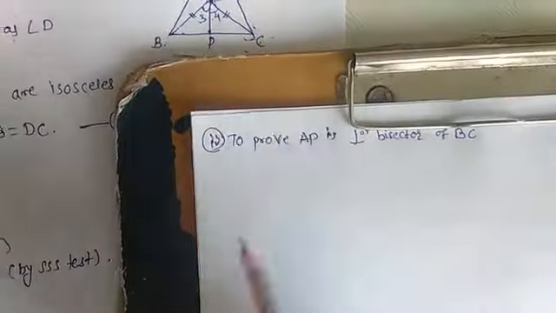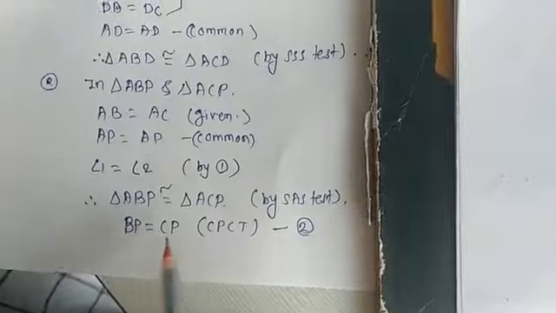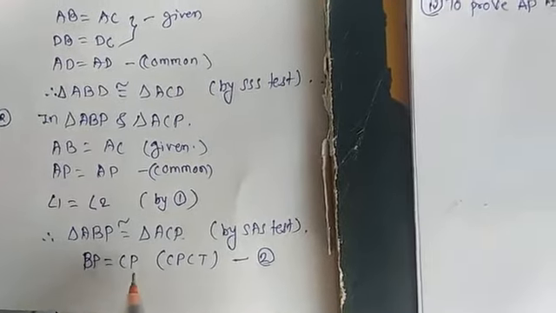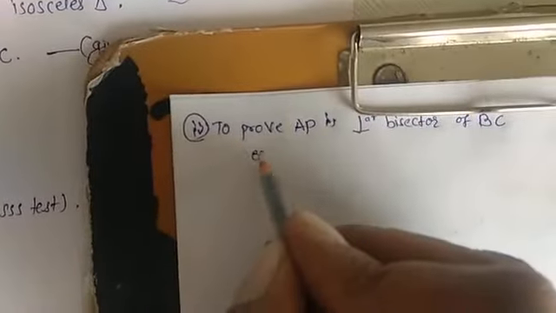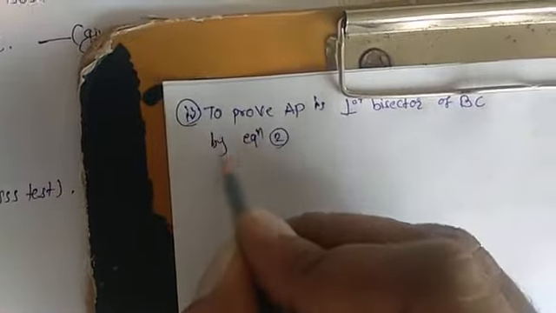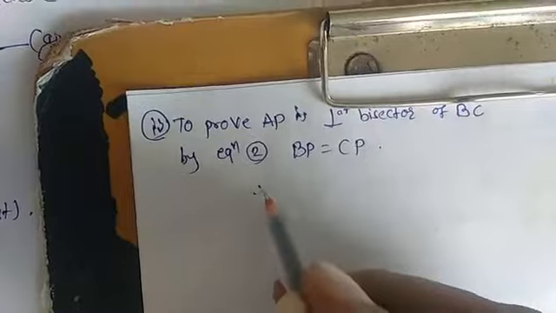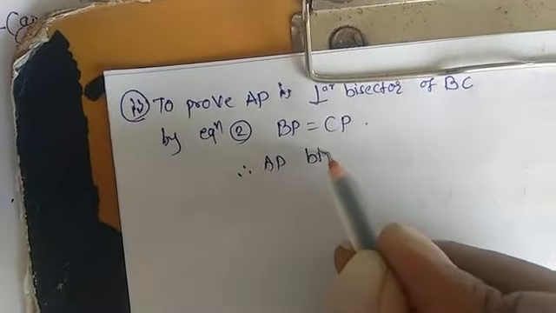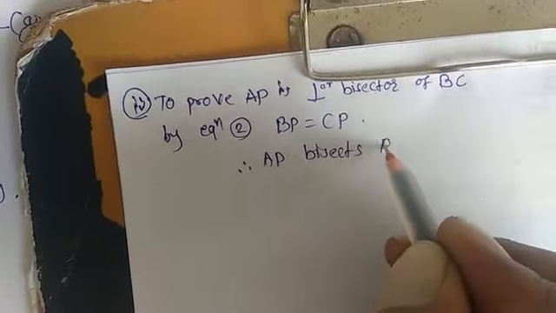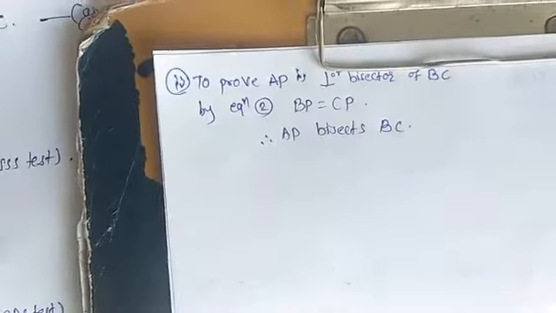From equation 2, as we know, BP is equal to CP by CPCT. So by equation 2, we have proved that AP bisects BC.